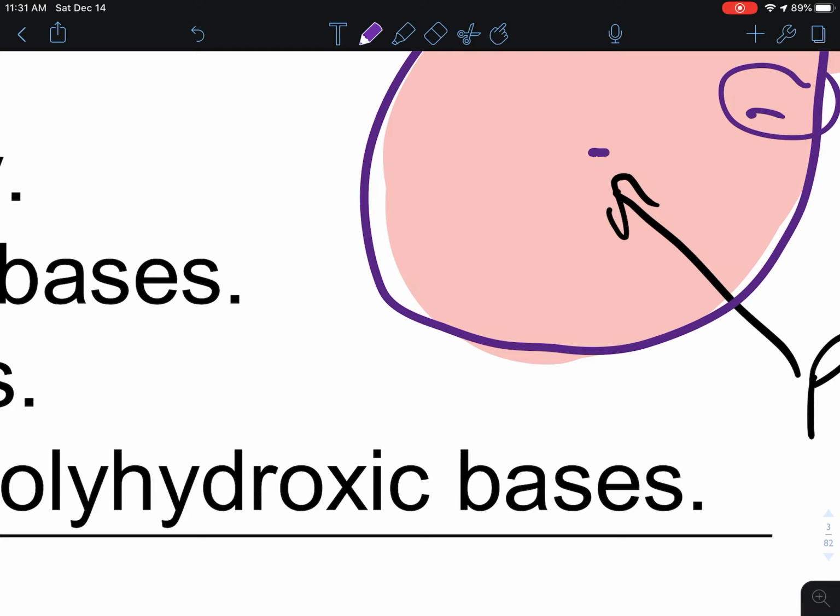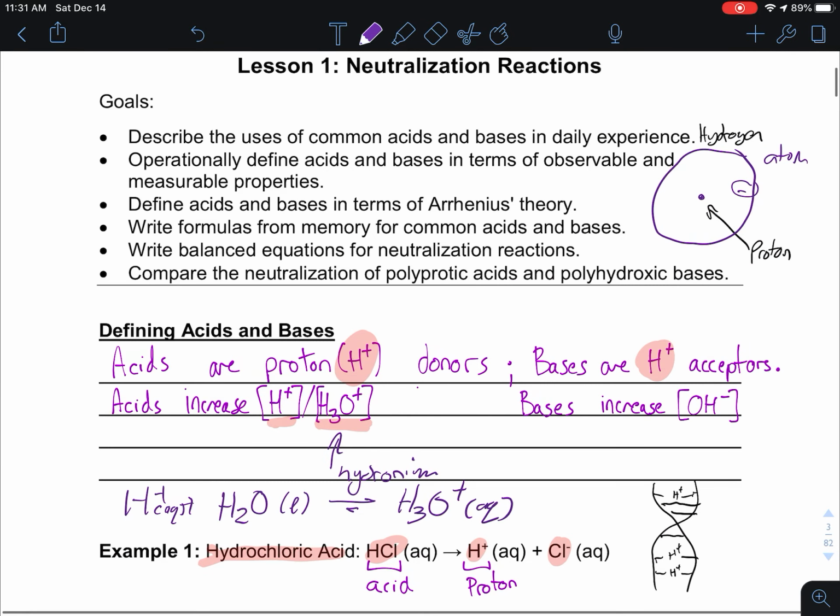If we could zoom in, this should actually be a little tiny plus symbol, so it looks like a star. Okay, so it's a little tiny plus. And so this little tiny positive charge on the inside here, if you scrape off the electron density, is really, really tiny.